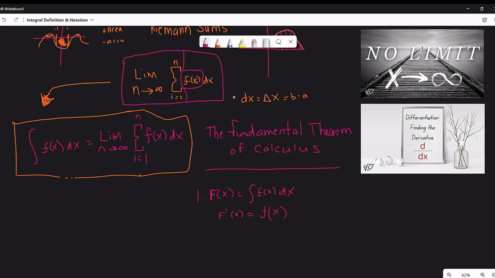Now, why is this the case? This is the case because this expression here is what we call the antiderivative.